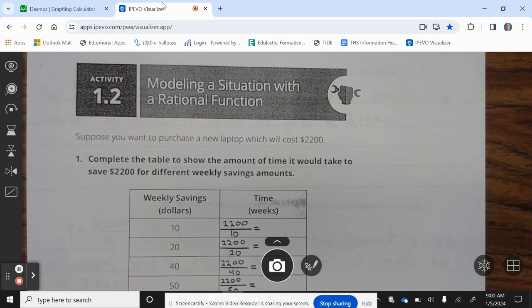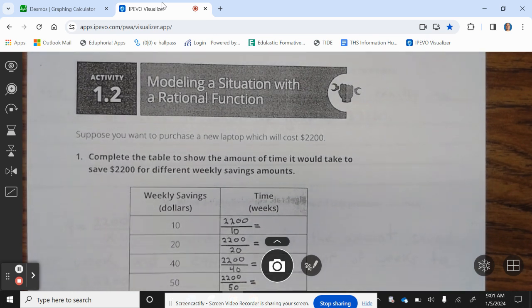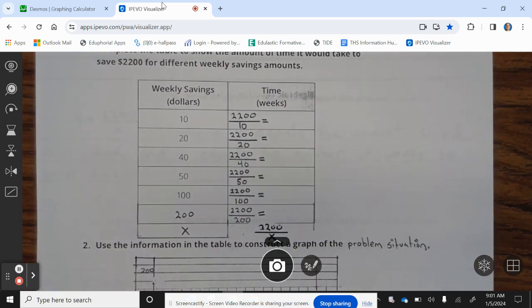Activity 1.2. Modeling a situation with a rational function. Suppose you want to purchase a new laptop, and the cost is $2,200. Complete the table to show the amount of time it would take to save $2,200 for different weekly saving amounts. All right, so let's go ahead and complete the table.